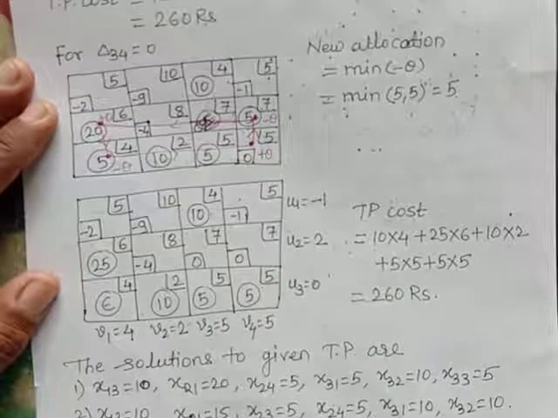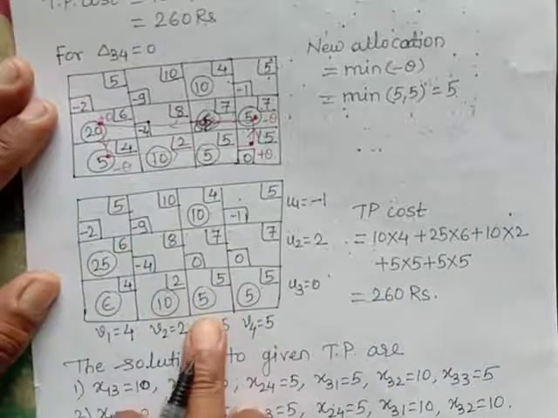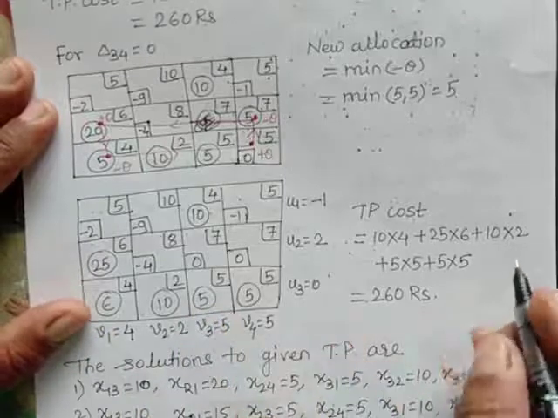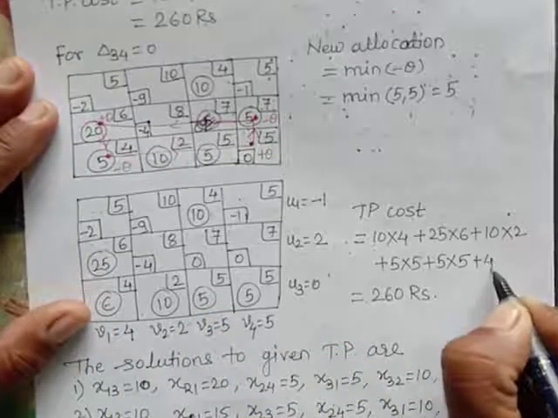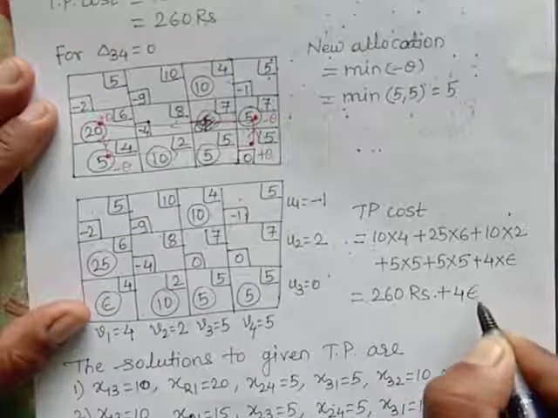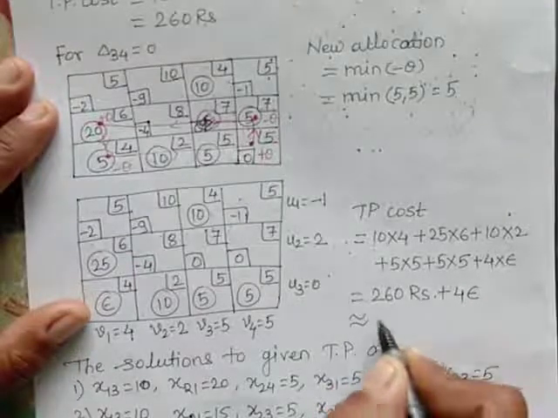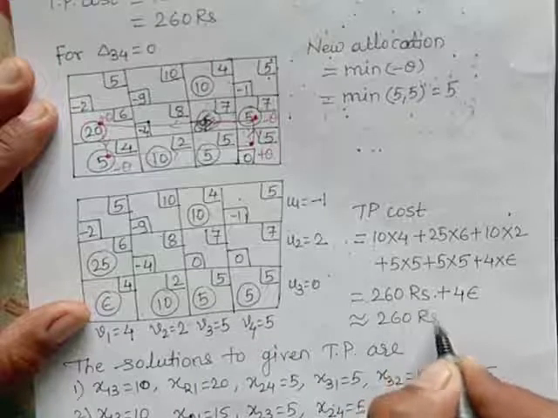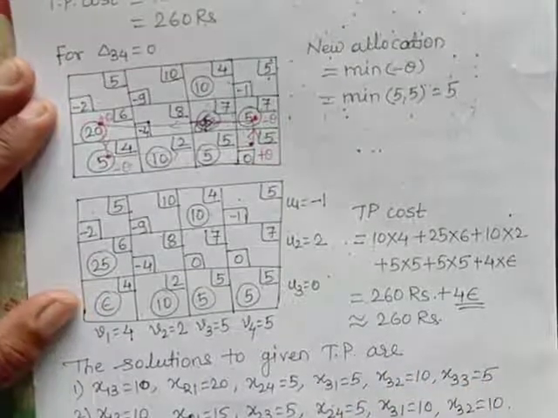Fine. So look, all delta ij's are less than or equal to 0. Now if you have a doubt here, this 4 into epsilon will occur. So here 4 epsilon is extra, but epsilon is a very negligible value, so it is approximately 260 rupees. So this is a very negligible thing.